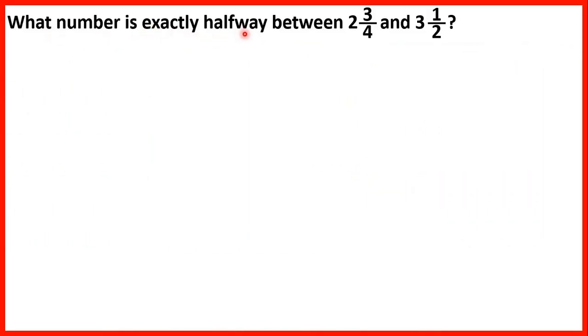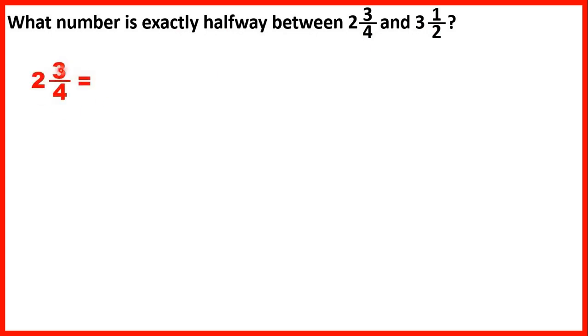What number is exactly halfway between 2 3/4 and 3 1/2? So this is a bit like comparing fractions. So what we can do is change these mixed numbers into improper fractions and then make the denominators the same so that we can compare them or find the number halfway between them.